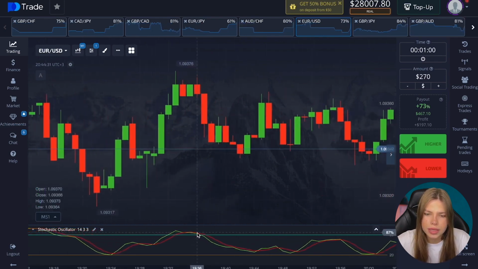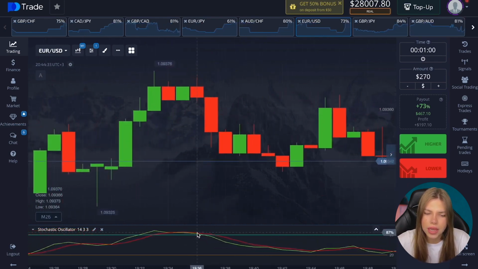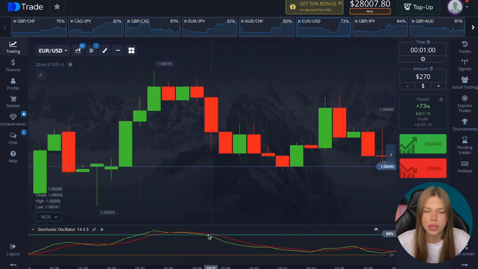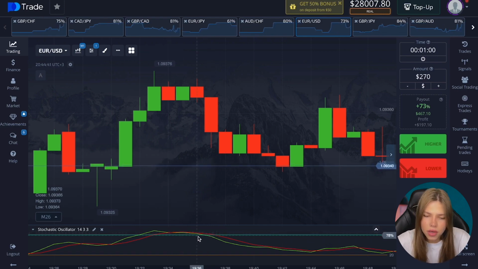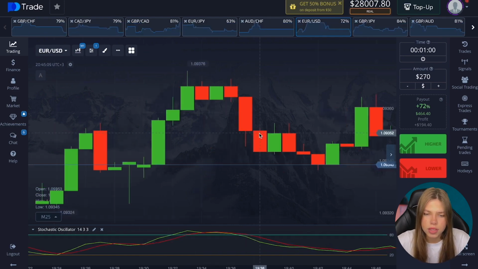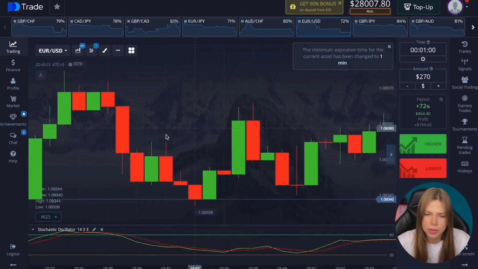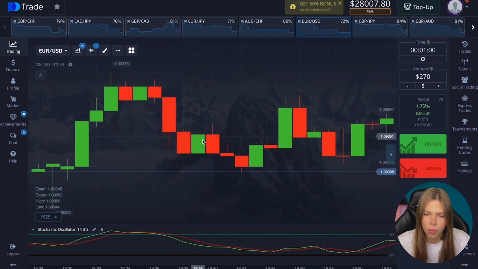If we see that our two lines have crossed, turned around and gone from the maximum into the neutral zone, and the slow line, the red line in our case, is higher than the green fast one, this is a signal to us for trading. Here's our deal open, at a new candle. Let's say our deal opened here.